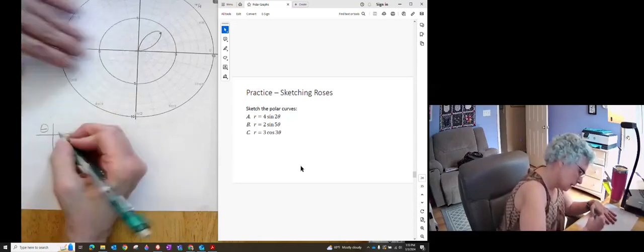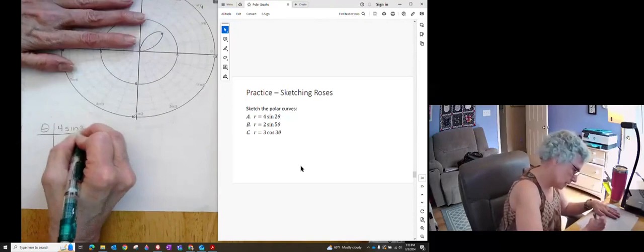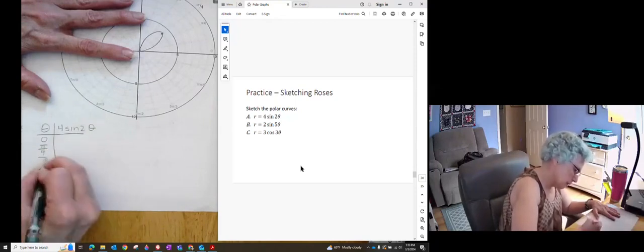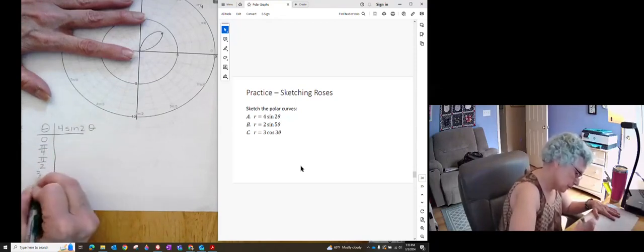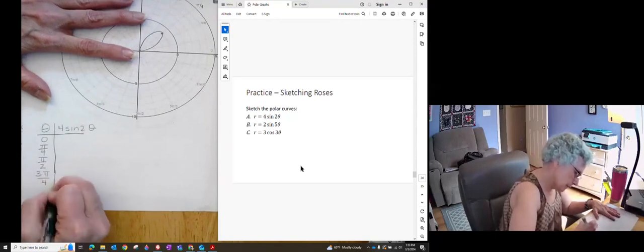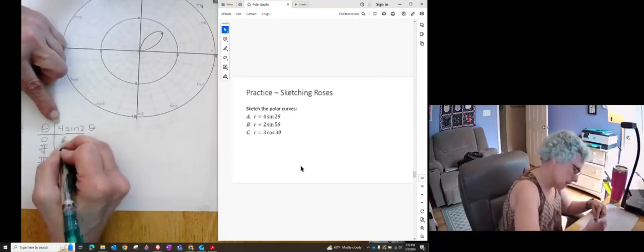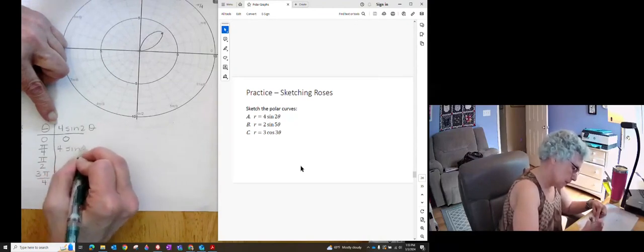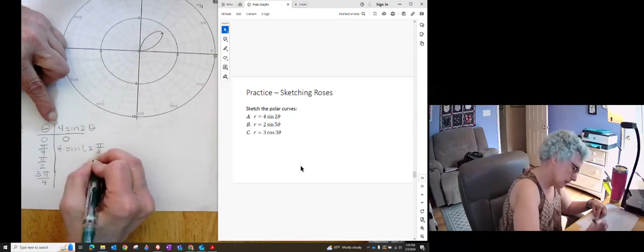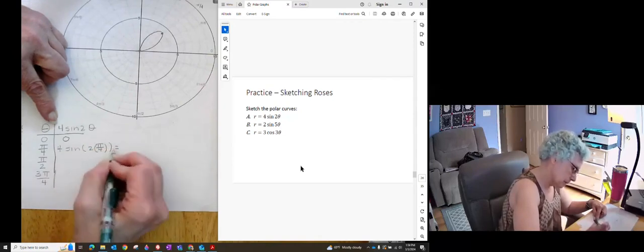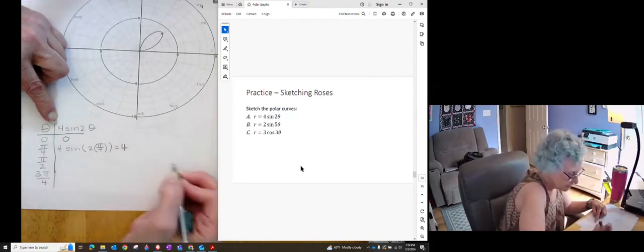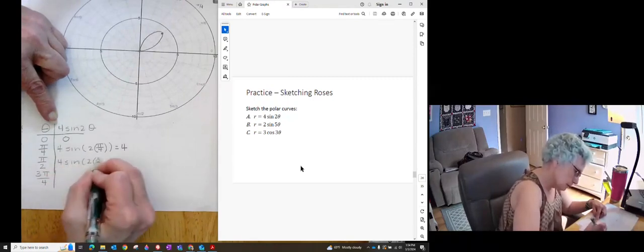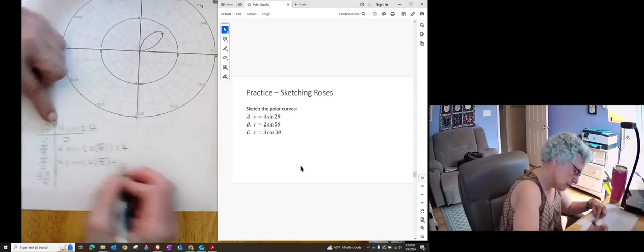Theta and 4 sine 2 theta: 0, pi over 4, pi over 2, 3 pi over 4. When we plugged 0 in, we got 0. When we plugged pi over 4 in, we got 4 times sine of pi halves, which is 4. And then I have 4 times the sine of 2 times pi over 2.